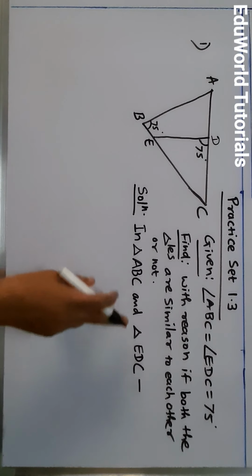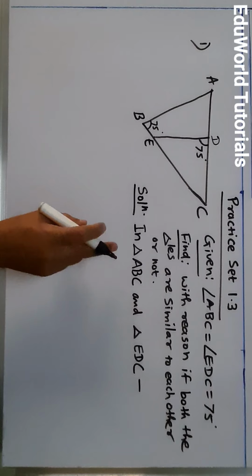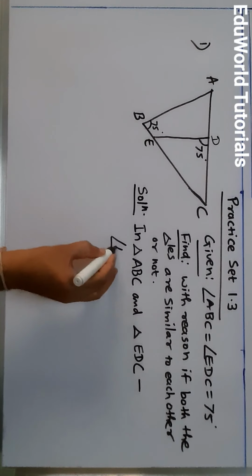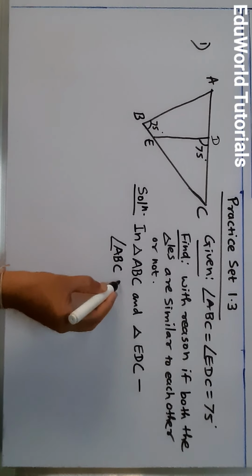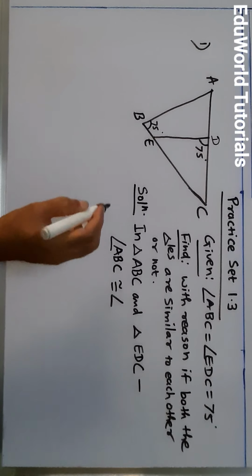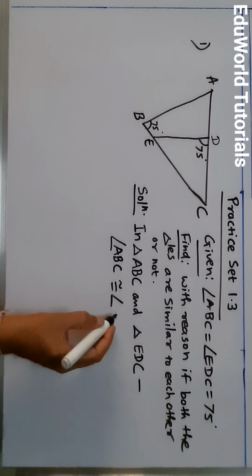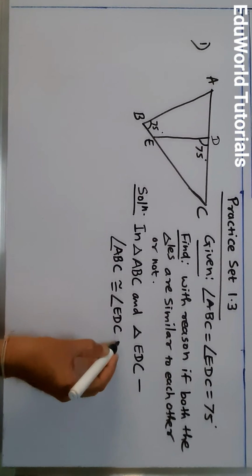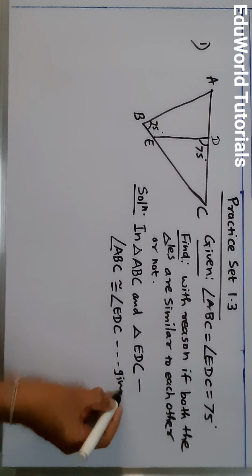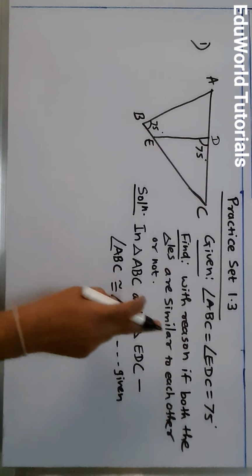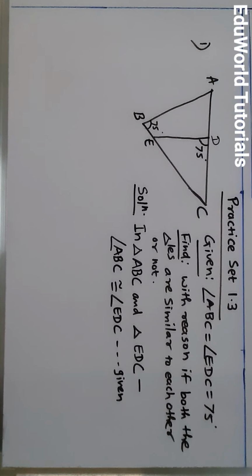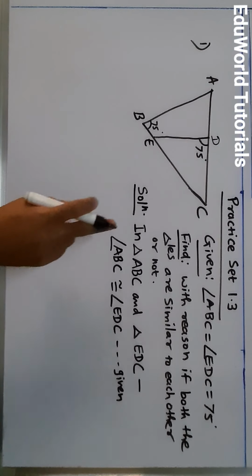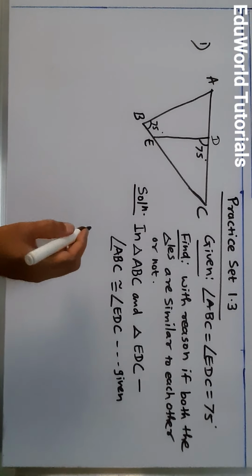In these triangles, which are the equal parts, the congruent parts? Angle ABC is congruent to which angle? So it is angle EDC. The reason is that both the angles have the same measure, 75 degrees, so they are congruent. And you see which angle is common?